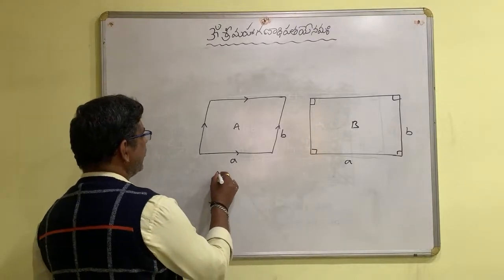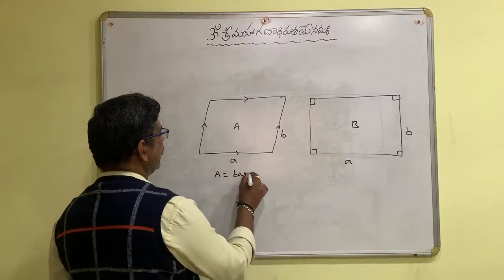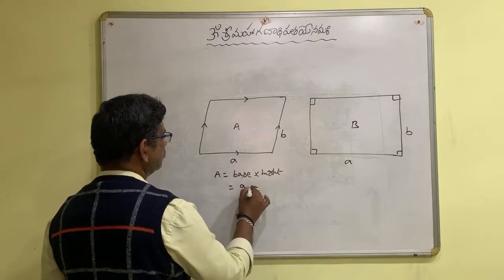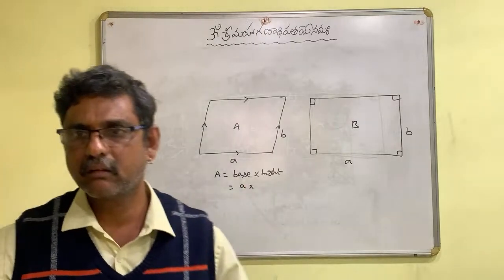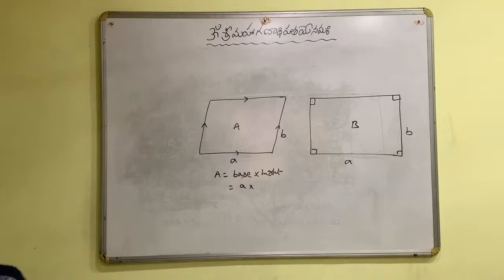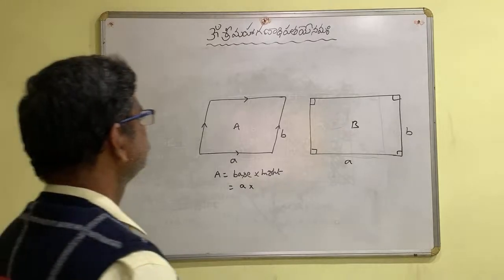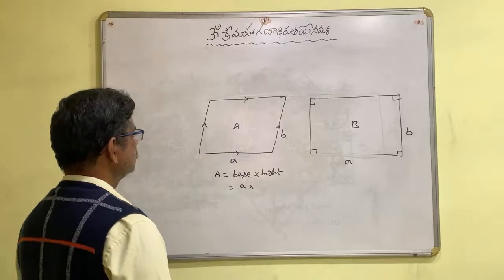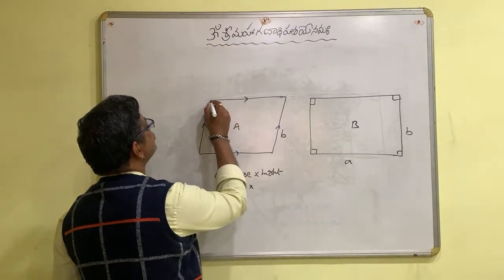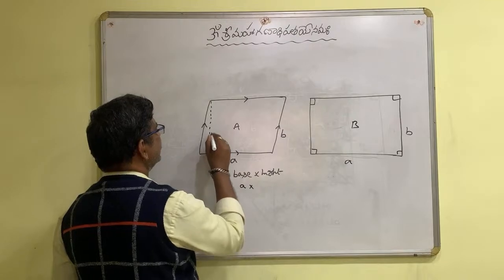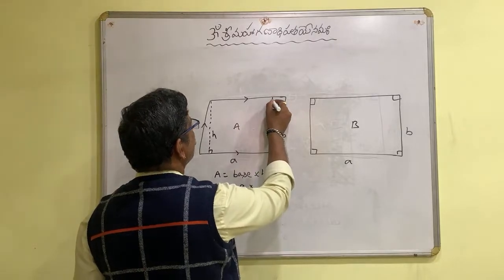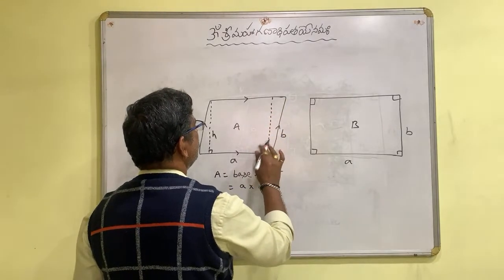As Srujay told, area of parallelogram is base into height. Base is given as A. Then what is the height? In a parallelogram, height is the perpendicular distance between the parallel sides.